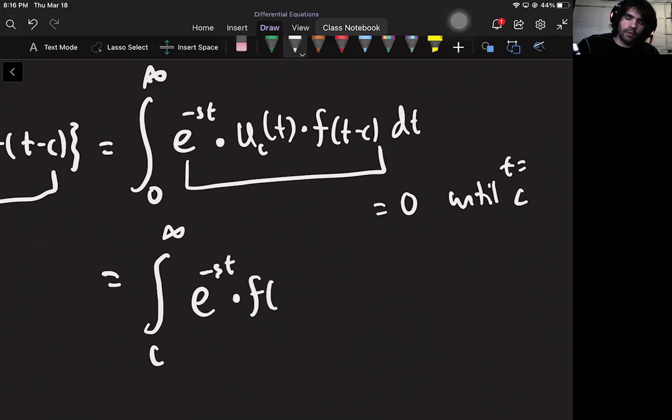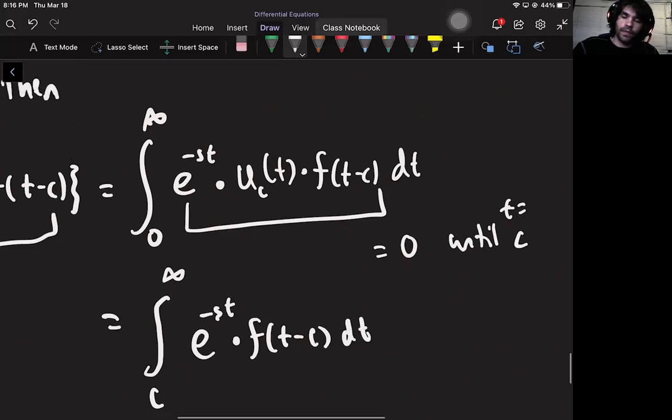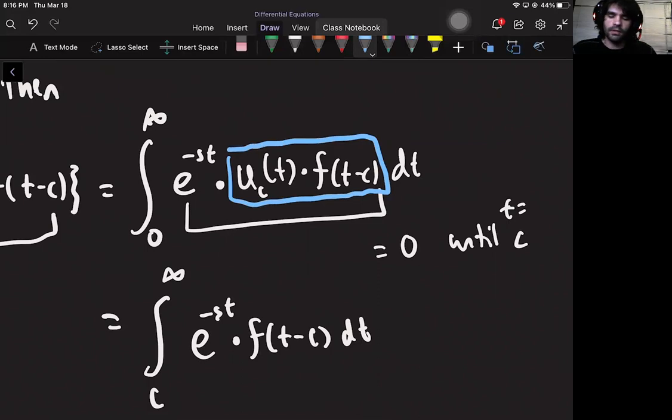After you get to c, the definition of this thing is just 1 times this thing. So 1 times that thing is just that thing.